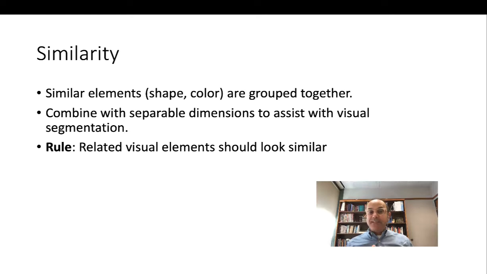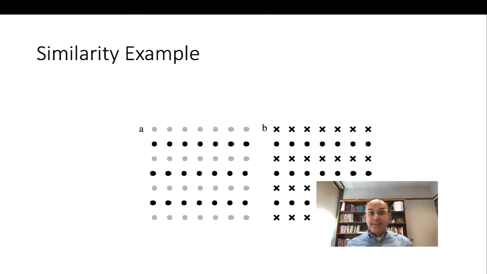The issue of similarity in visualization is very important. Why? In similarity, we are talking about shapes and colors. So we can put them grouped together, or combine them with a spread dimension to assist segmentation. Related visual elements should look similar. And again, a similar example, what works best?